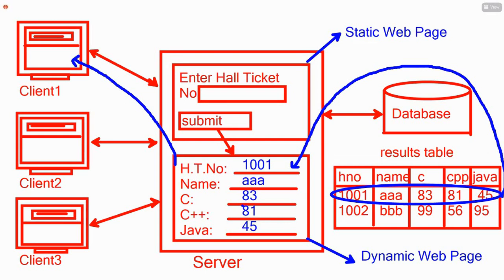HTML is better. Okay. Instead of Java, we are using HTML. Java is also possible, but Java is complicated as compared to HTML. That is why they are using HTML there. Okay.